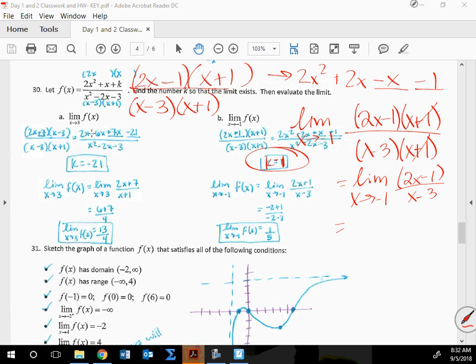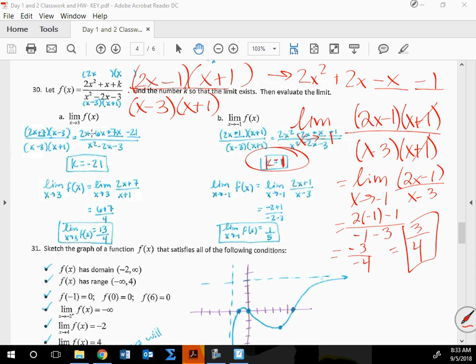And when we do direct substitution, remember, once you do direct substitution, don't write your limit anymore. We're actually evaluating it. So I get 2 times -1 minus 1 over -1 minus 3. So -2 minus 1 is -3 over -4. Positive 3/4. Do you guys agree with that? Yeah. Awesome. Okay. So positive 3/4. I'll make note of that.